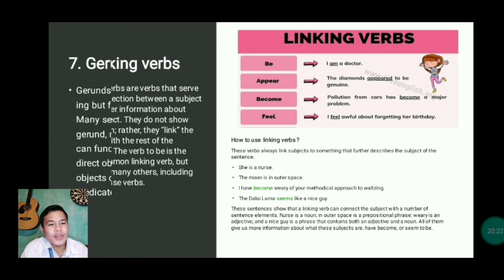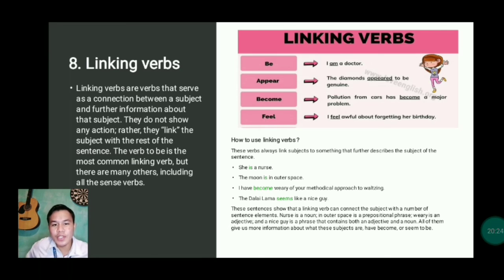Here we are on linking verbs, which is number 8 of our topic. Linking verbs are verbs that serve as a connection between the subject and further information about the subject. They do not show any action; rather, they link the subject with the rest of the sentence.